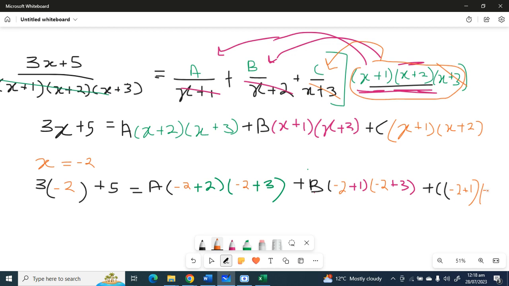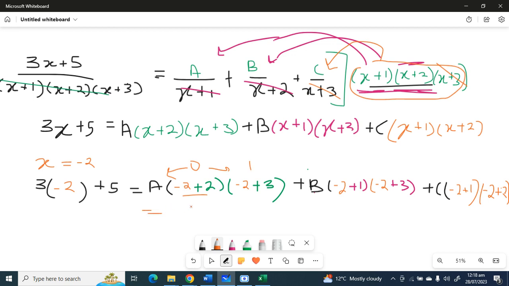As I said, the reason why we're using -2 is that we want to find the value of b, okay? Because if we substitute x for -2, as you can see here, -2 plus 2 is 0. 0 times a times -2 plus 3, that's 1, times 1 gives us 0.